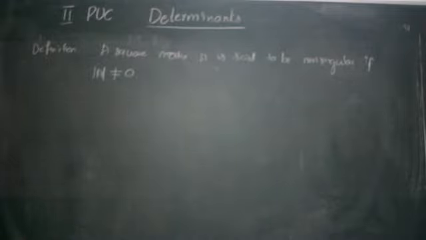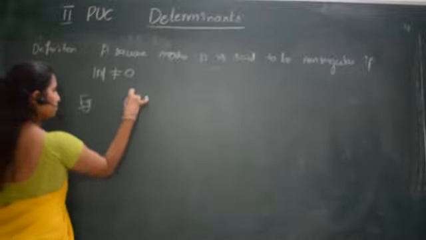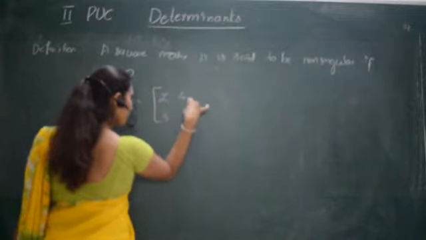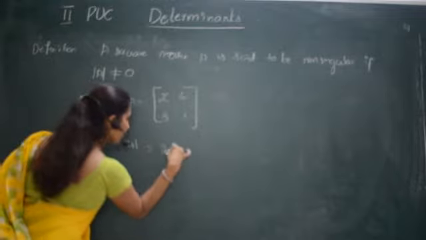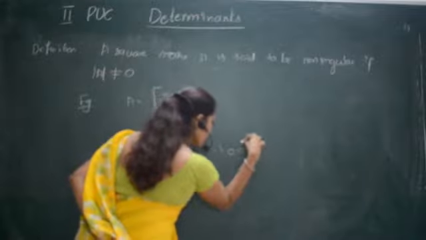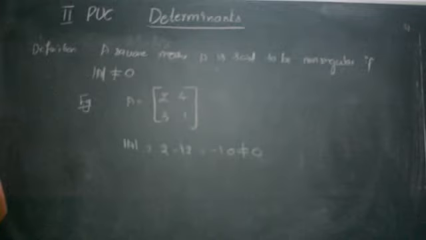What example can you give? Any matrix whose determinant will be 2 minus 12, which is minus 10. This is not equal to 0, so this is an example for a non-singular matrix. This is very important: singular and non-singular matrices.